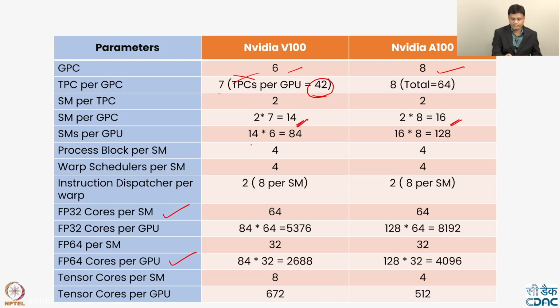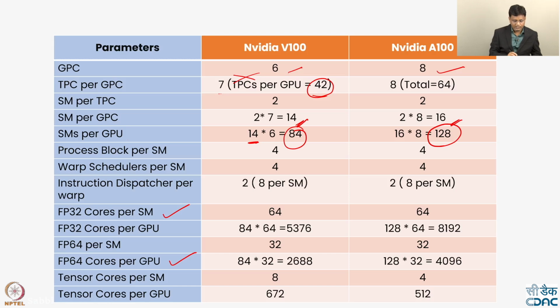Simply I will multiply these values: 14, because I know this count, and I have 6 GPCs per GPU. So I will get around 84 SMs, and in the A100 case I will get around 128 SMs per GPU, because we know that within an SM my actual compute cores exist.